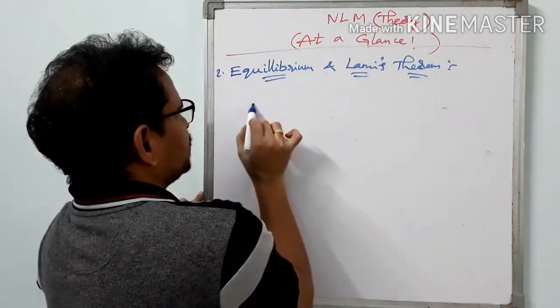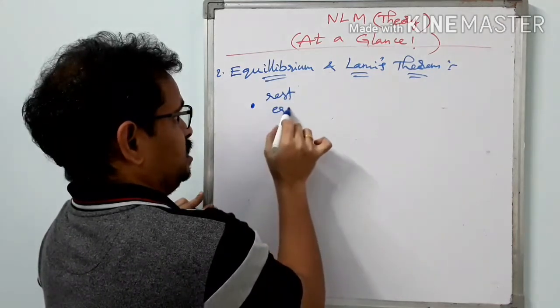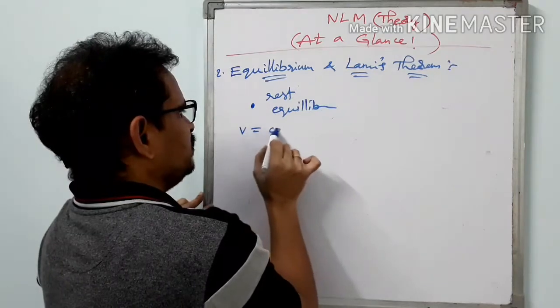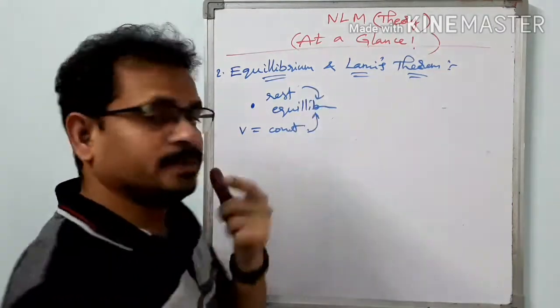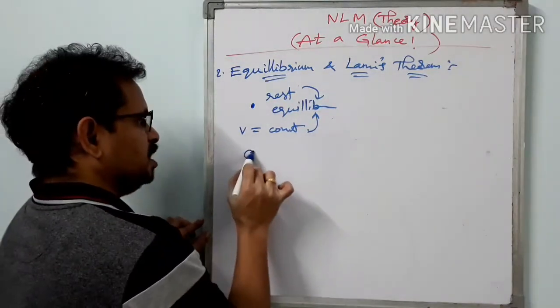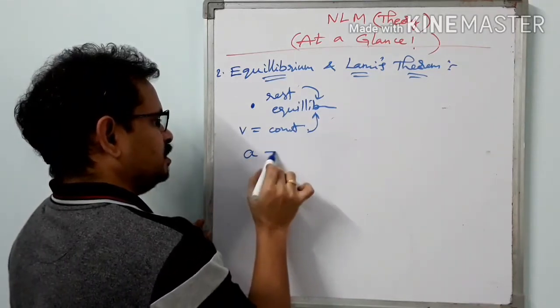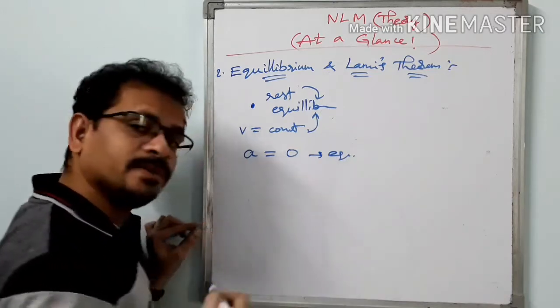If a body is at rest, suppose if this particle is there, if it is at rest, we say that this body is in equilibrium. Or if it is moving with a constant velocity, then also it is said to be in equilibrium. So simply, if acceleration of a body is 0, then the body is said to be in equilibrium.